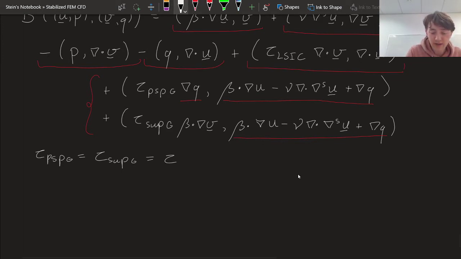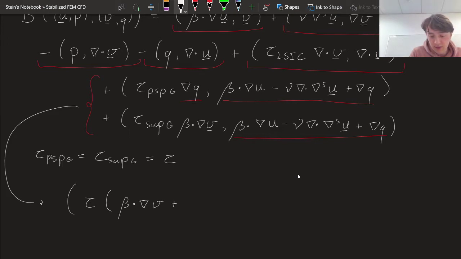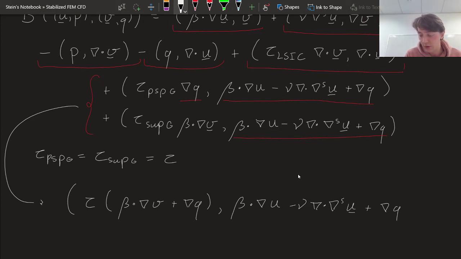And if you combine these, then this ends up being tau times beta dot gradient v plus gradient q times beta dot gradient u minus nu div symmetric gradient of u plus the gradient of q.